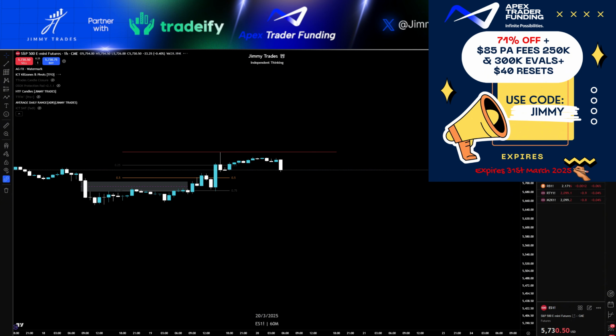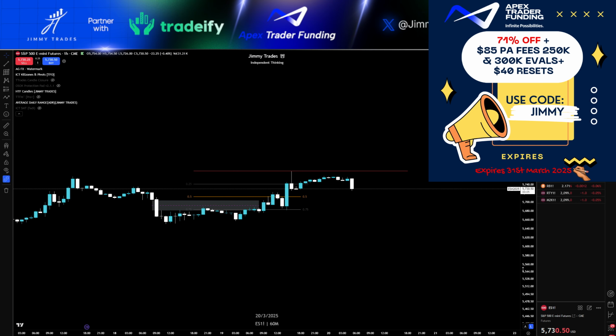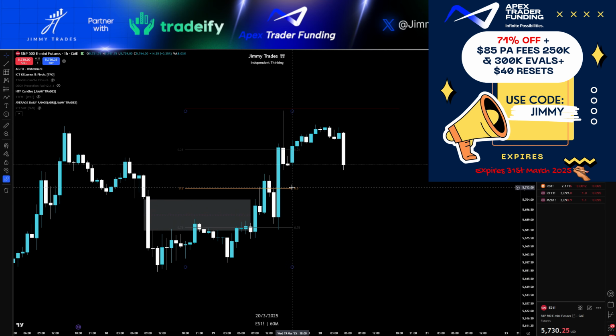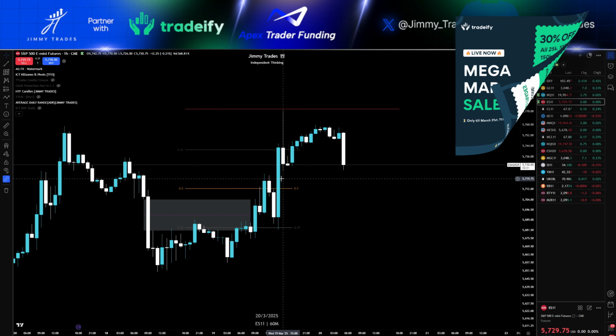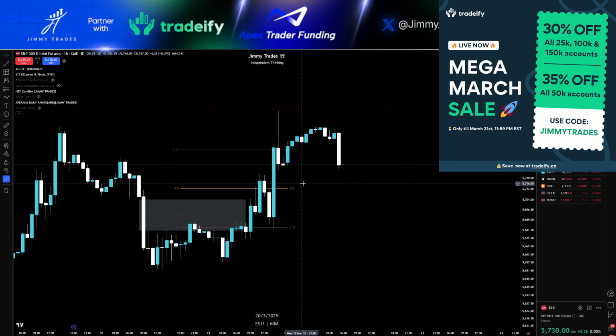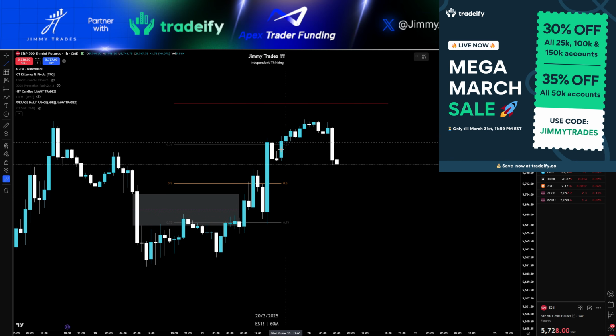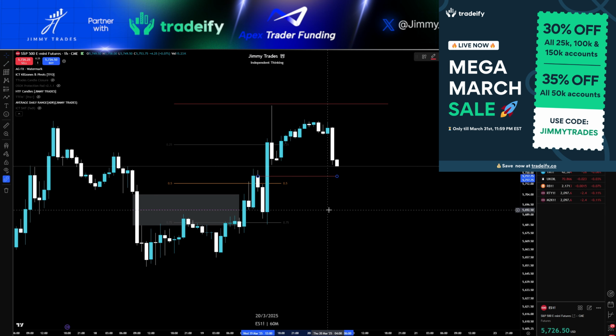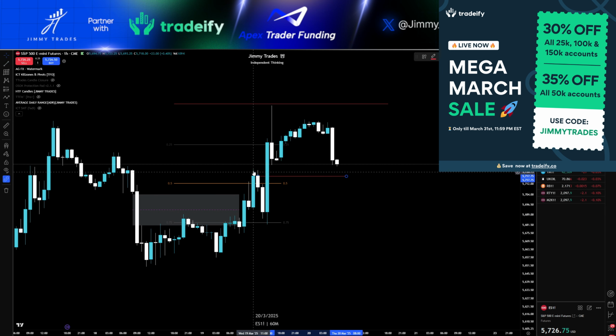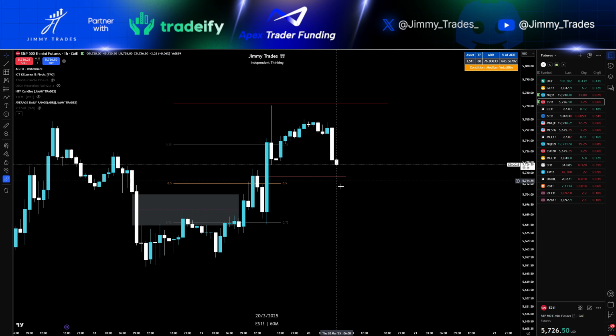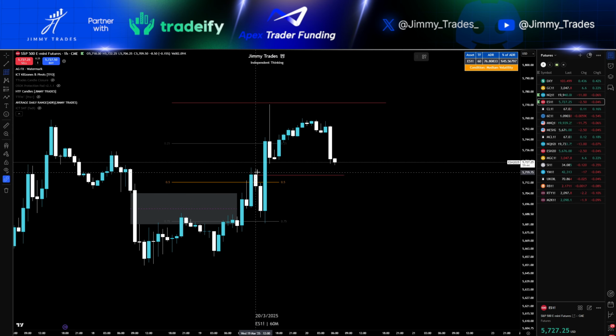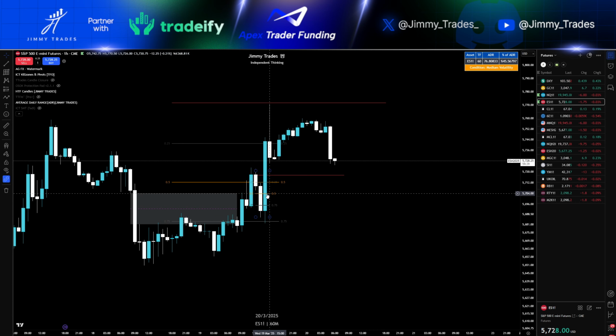Moving to the hourly, we can mark that as bullish. What do we have? That 50% level aligned with this bullish FVG. And again, we have this order block aligned with this bullish FVG as well. Great level here to be watching for price to respect. And again, looking to the 50% level as an invalidation point.